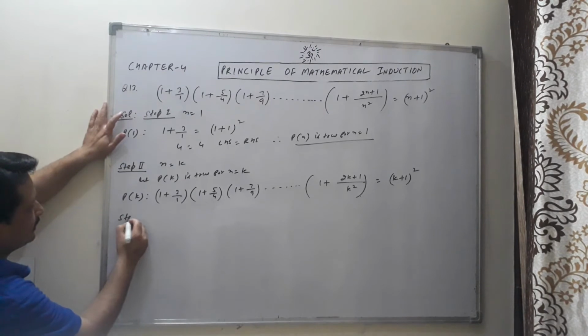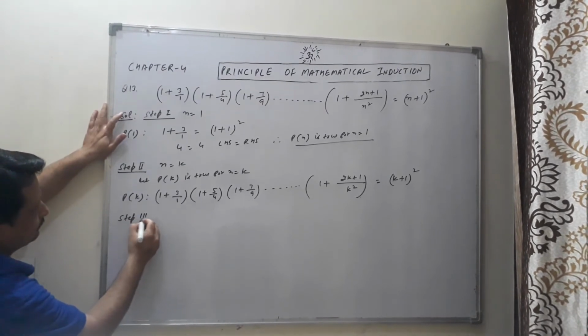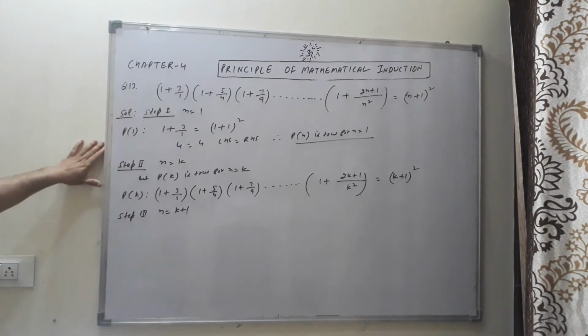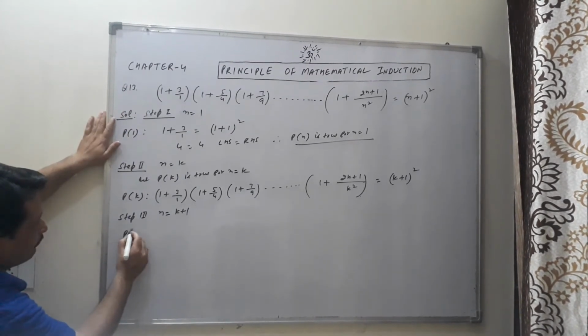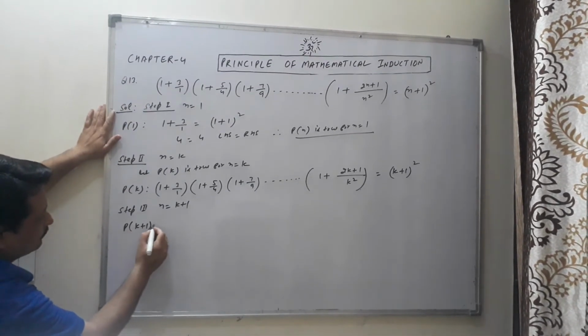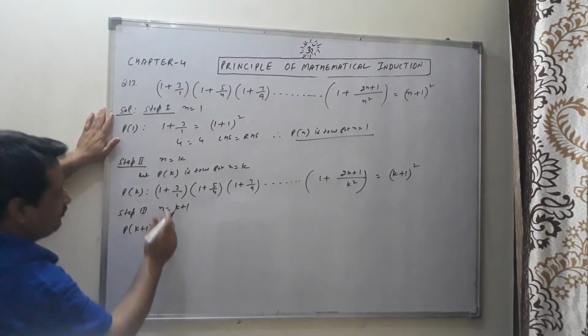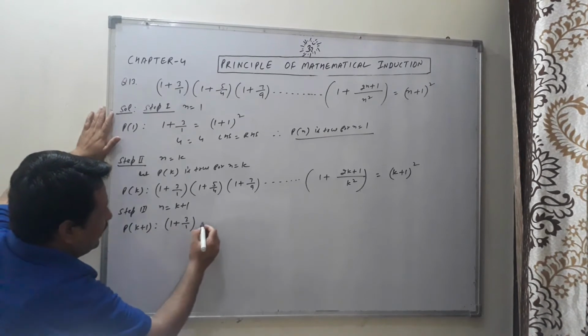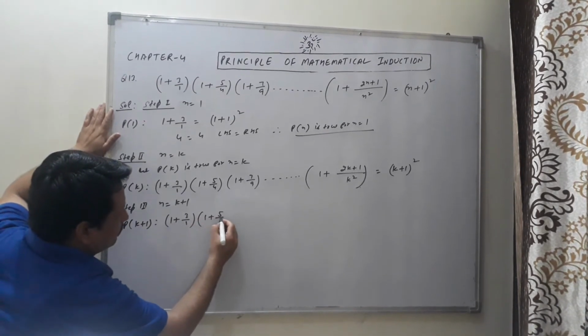Come to step number 3, that is n equal to k plus 1. So here it is P of k plus 1. Now, students, what we are doing here is making k as k plus 1.